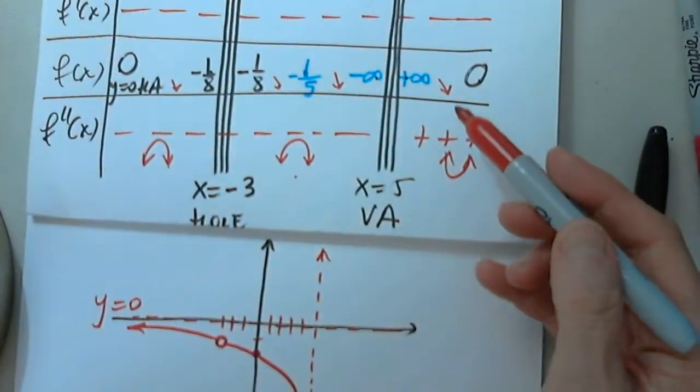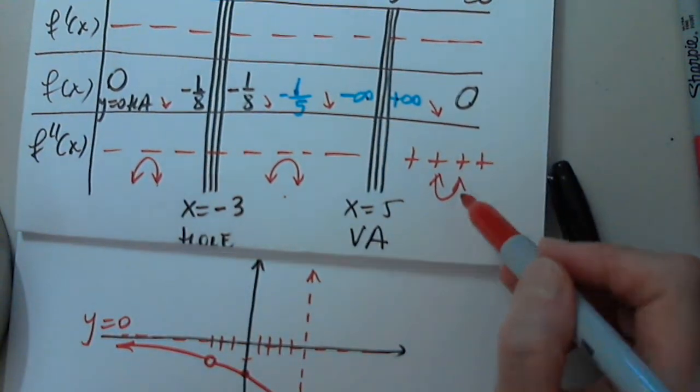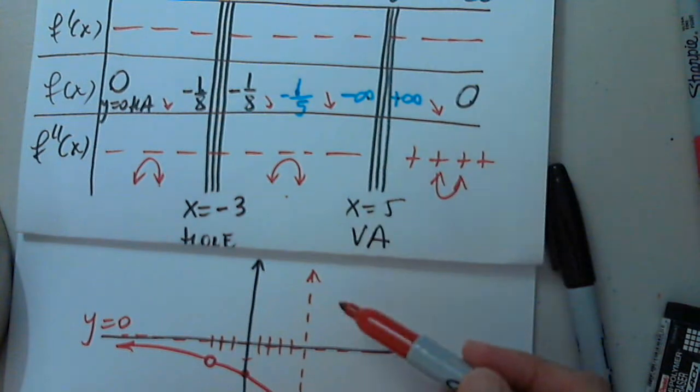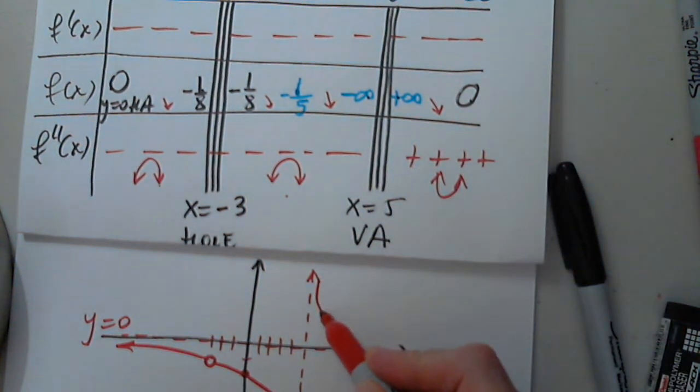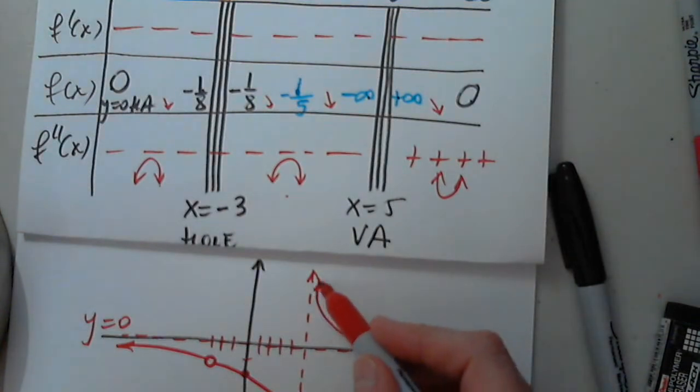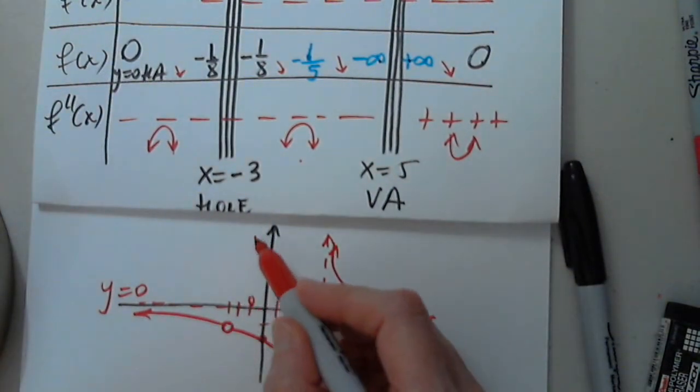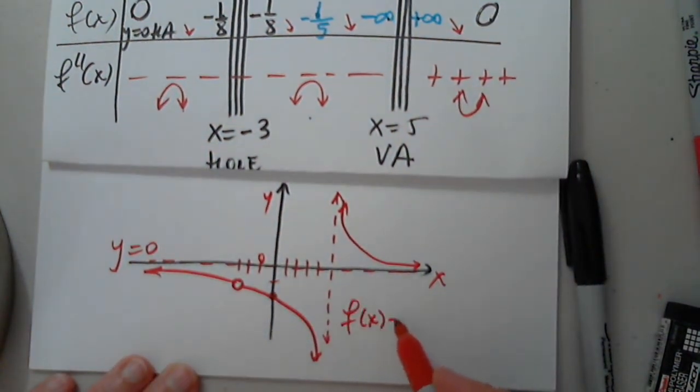Done with the left-hand side. The right-hand side opening upward, coming from positive infinity on this side of the asymptote, going to 0. Done.